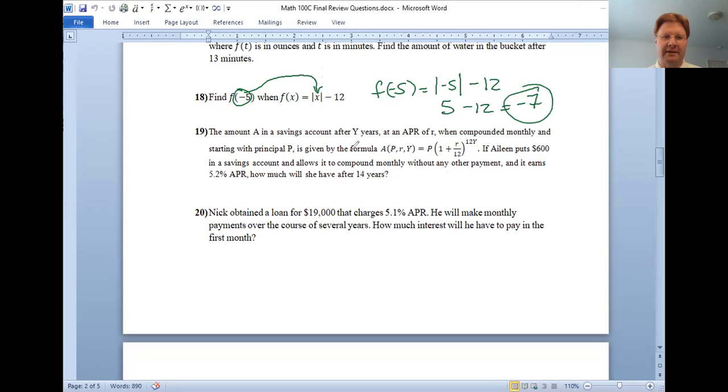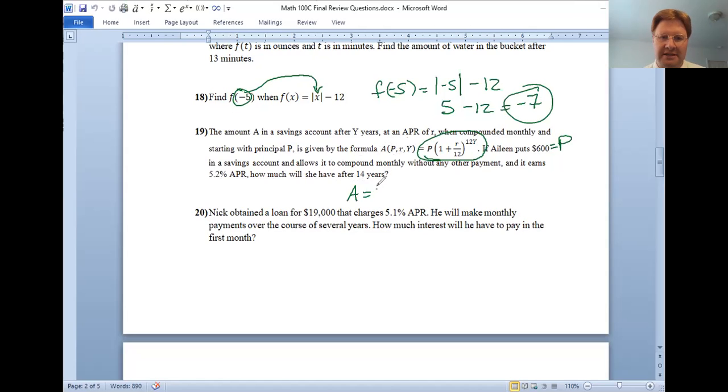There we have it. The amount of savings account after y years at an APR of r when compounded monthly and starting with principal P is given by this formula. Oh, we've seen that guy a lot. So Eileen put $600 in the savings, so that's the P. So we're going to have A equals, now notice this is A of P, r, and y. That's okay.